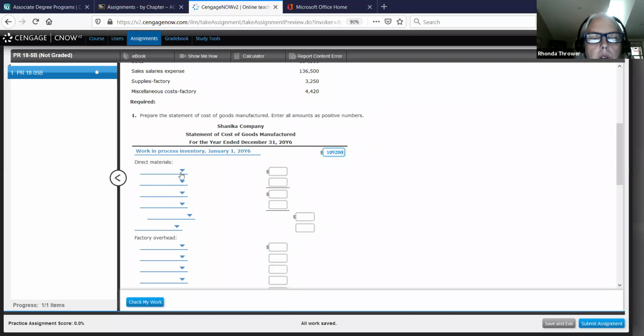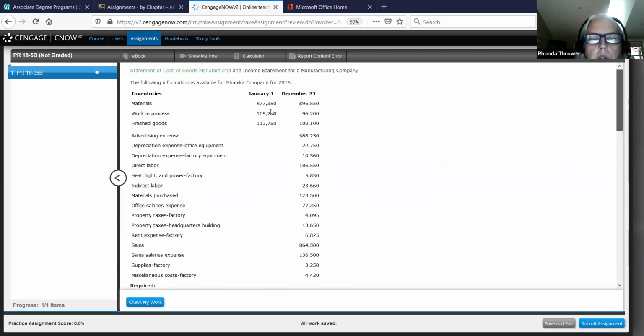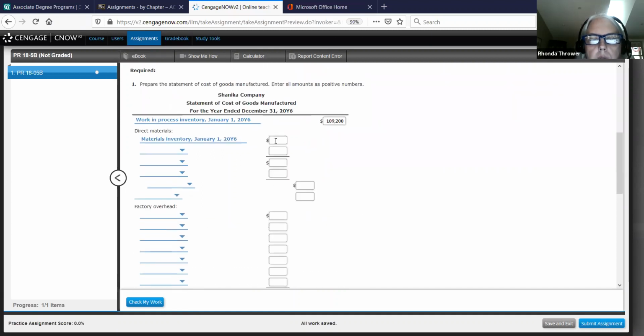So when we're going through these steps, what we have to know about direct materials is how much direct materials we had to start with. So I'm going to choose my direct materials inventory at January 1st, and that amount was given to us. The materials inventory was 77,350.